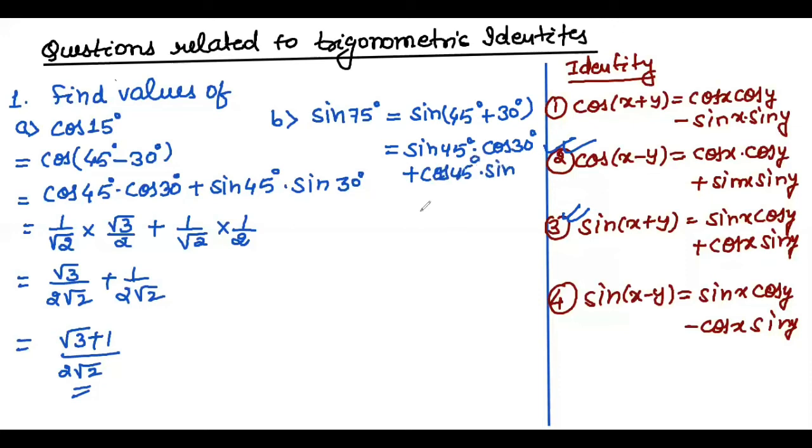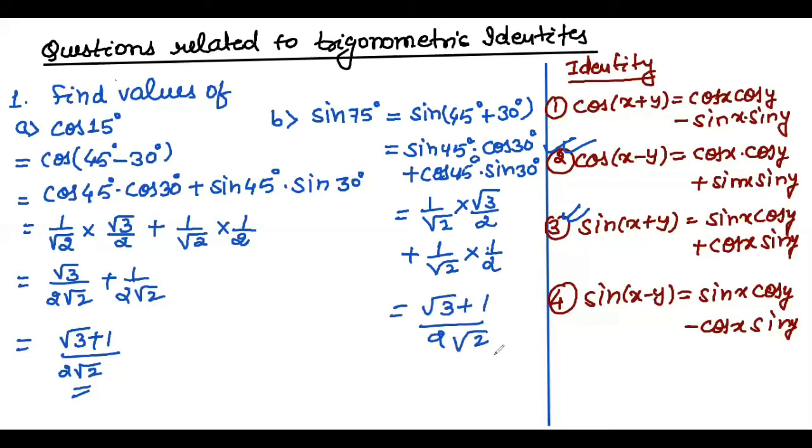Applying values: sine 45 is 1 by root 2, cos 30 is root 3 by 2, plus cos 45 is 1 by root 2, and sine 30 is 1 by 2. Finally we have (root 3 plus 1) by 2 root 2. So this is the value. Like this we can apply trigonometric identities.